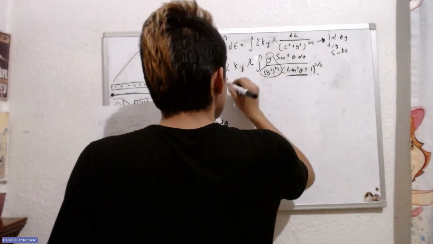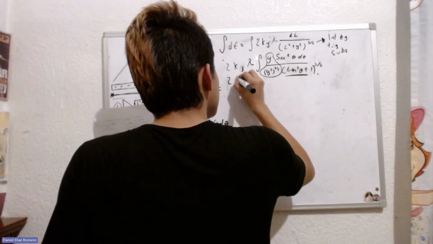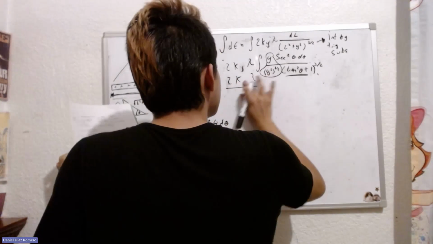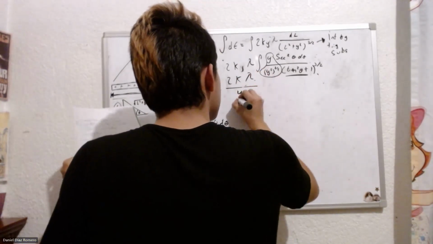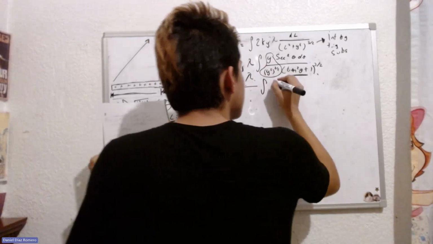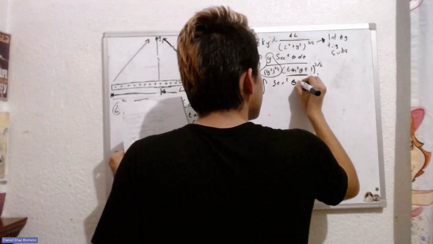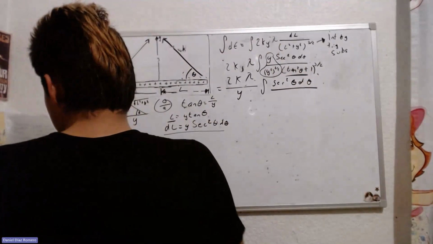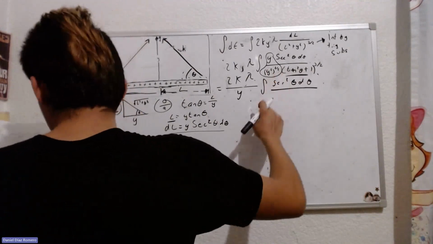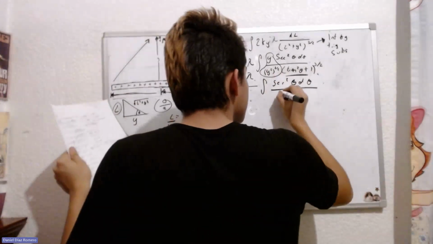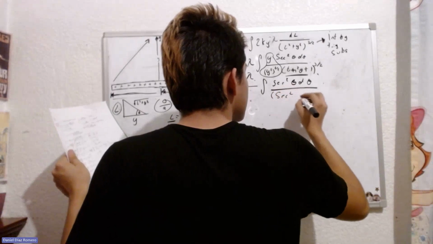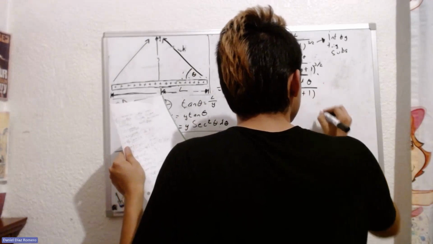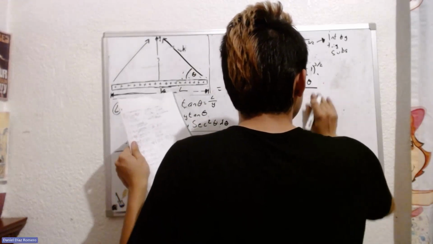So it will be the same as 2k lambda over y, and secant squared theta d theta over, and as you might have noticed, here is also a tangent squared plus 1, so we can replace it with secant squared of theta because of the trigonometric identity that I showed you a little bit earlier. Now it's only secant theta to the 3.